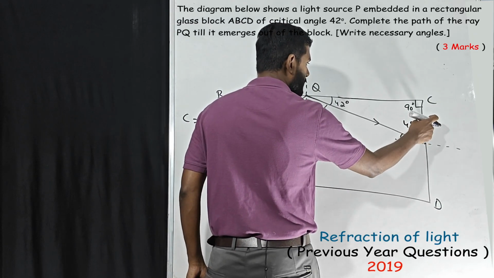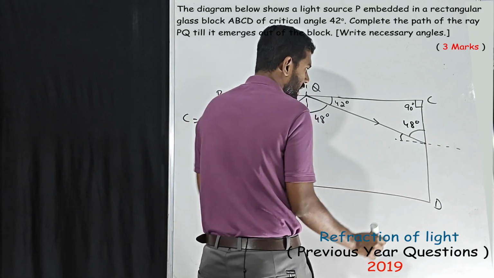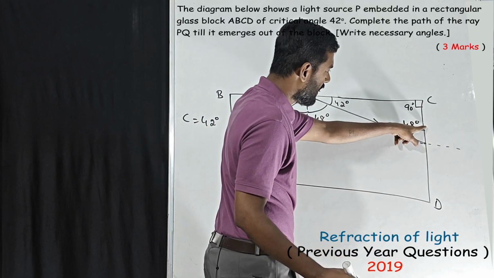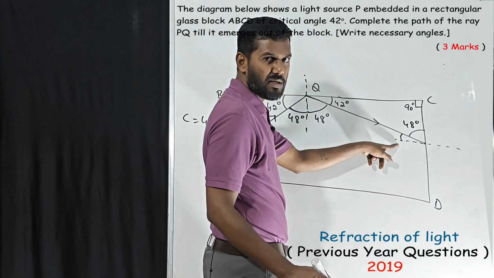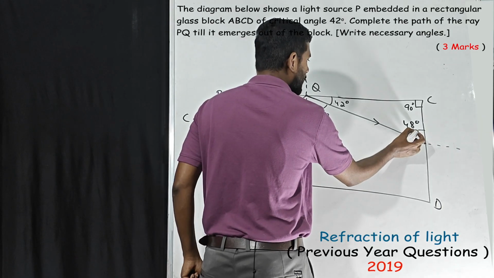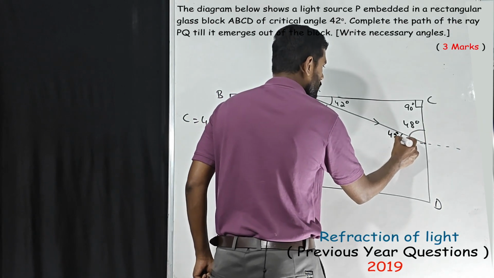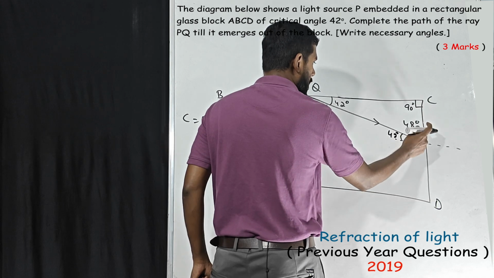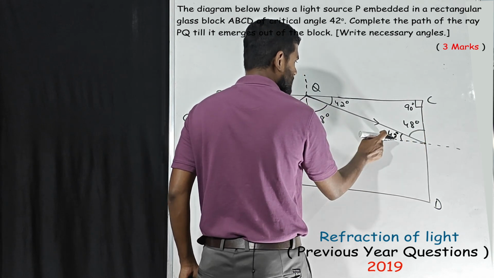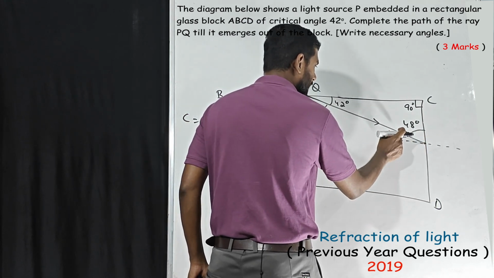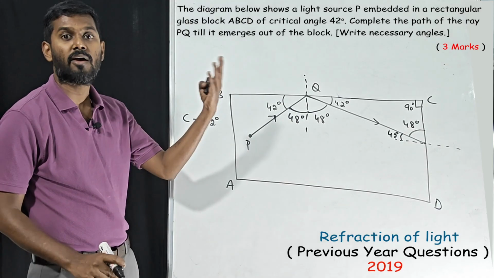And from this line to normal it is 90 degree, and one of the angles is 48, the remaining will be 42. So now the angle of incidence is 42. This is how we are finding it.